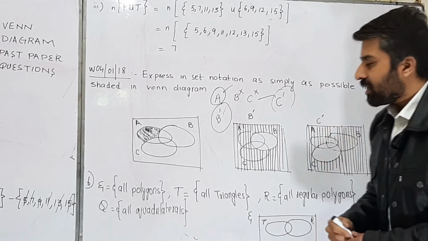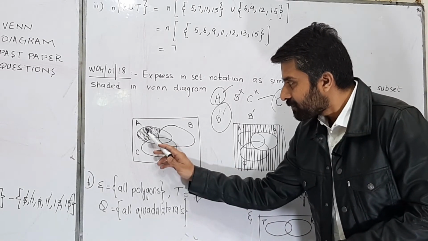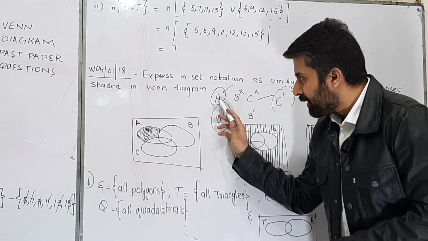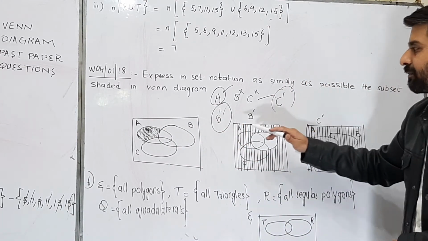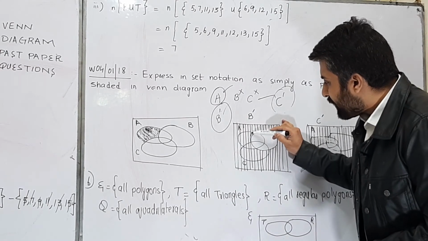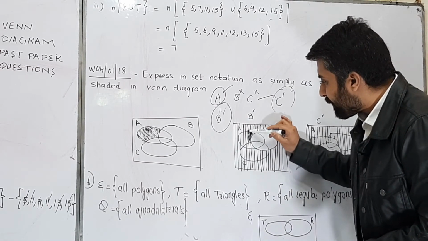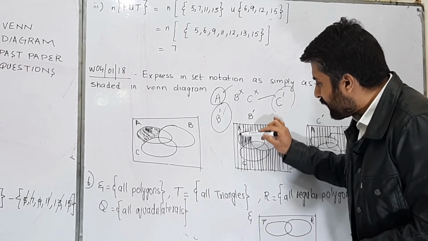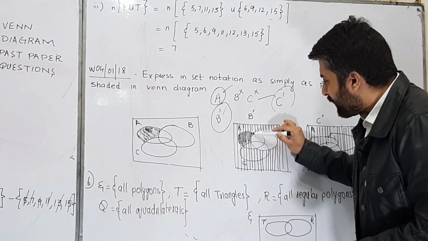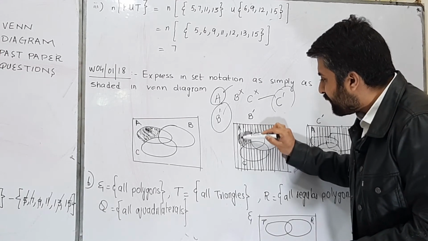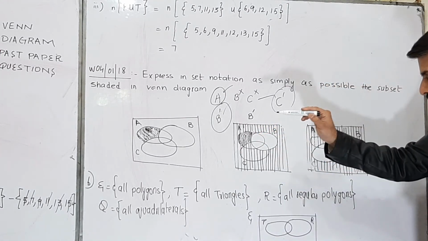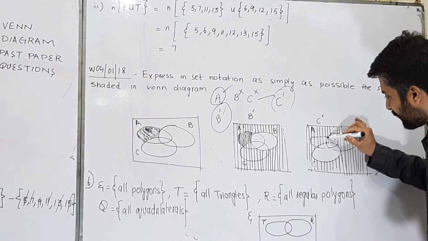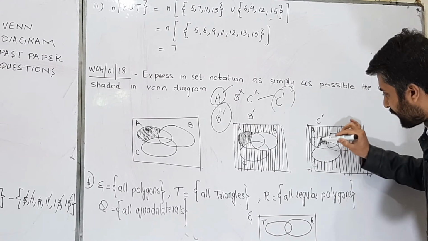Now coming towards our question. This region is a part of A. Yes, it is a part of B complement, because this is our region here in the question. As from our diagram, this region is part of B complement, and this region in our question is also part of C complement.